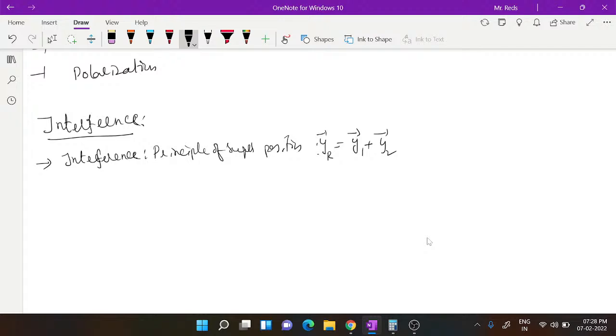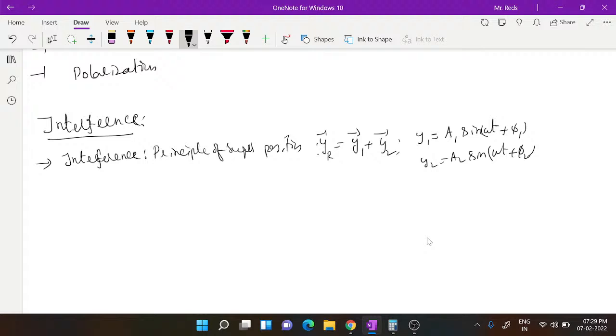Mathematically, for your remembering purpose, you can write y1 with different amplitudes as a1 sine omega t plus phi 1, and y2 equal to a2 sine omega t plus phi 2.